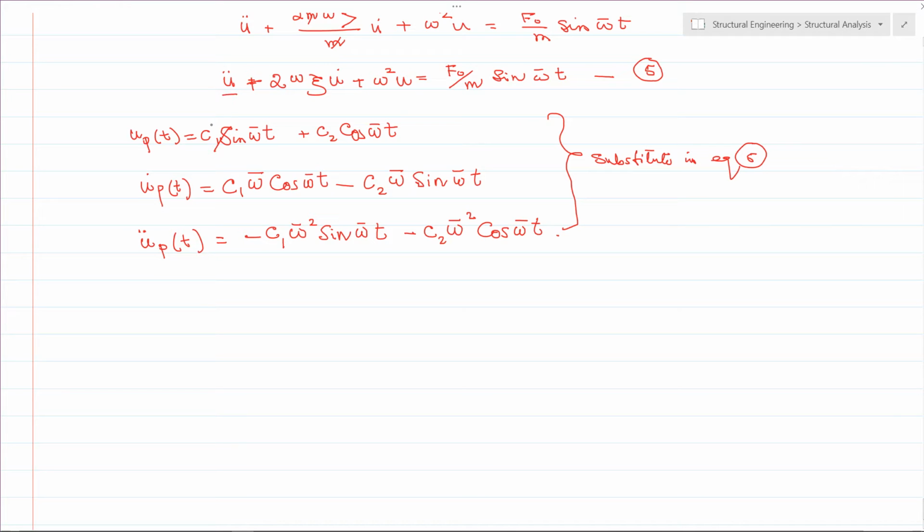u double dot, we can replace this with minus c1 into omega bar square sine omega bar t minus c2 omega bar square into cos omega bar t.